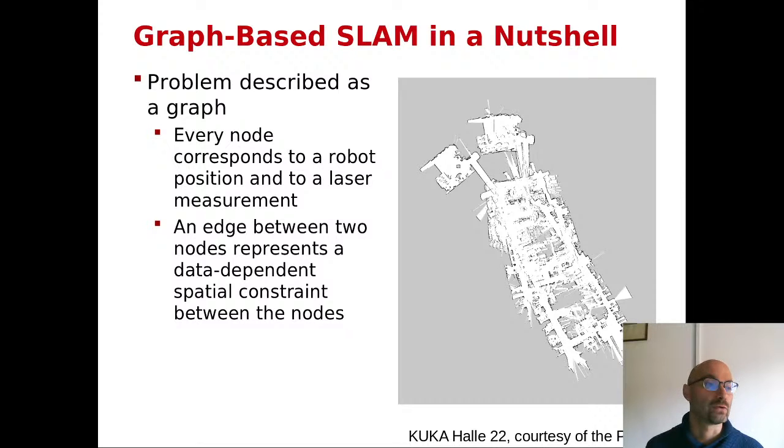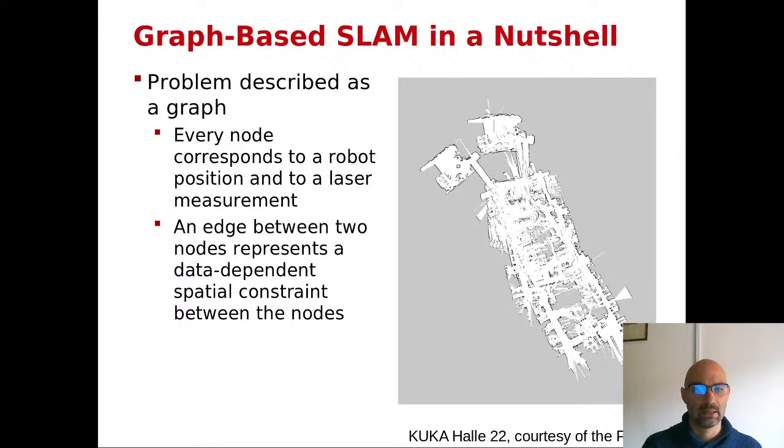And the graph also consists of edges. An edge between two nodes represents a spatial constraint between the two. Like you could imagine a relative position between the two nodes that are potentially mutually observing the same thing. Okay?